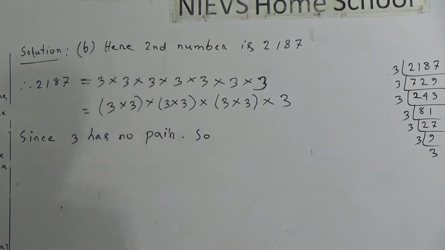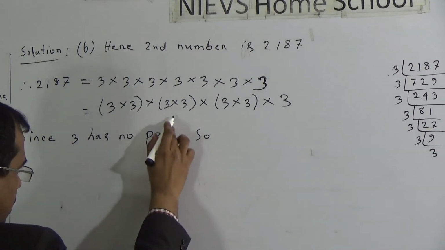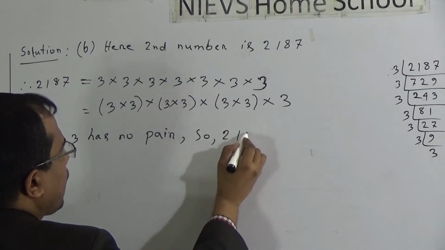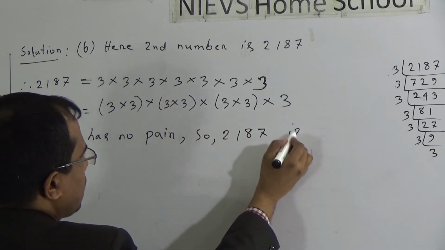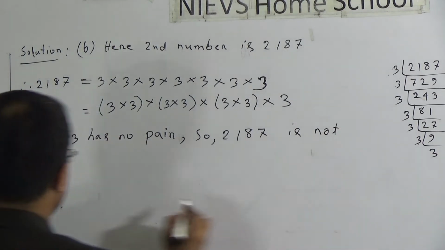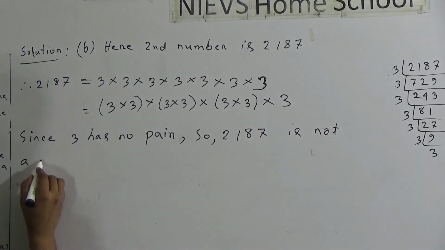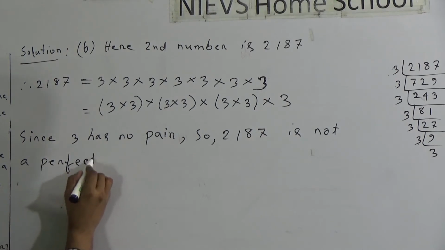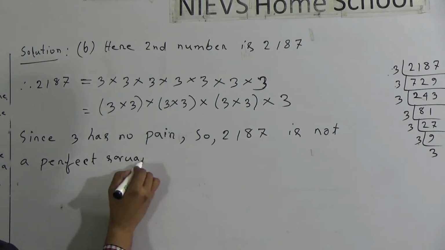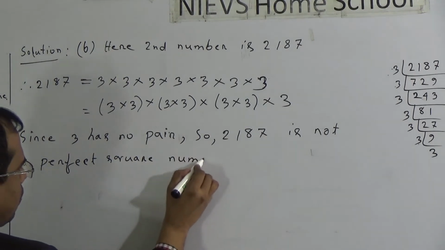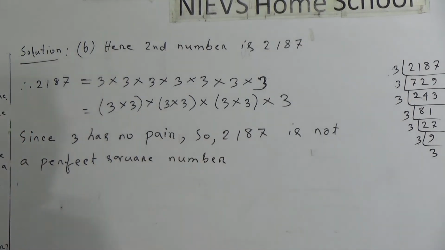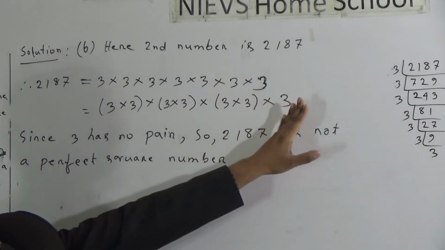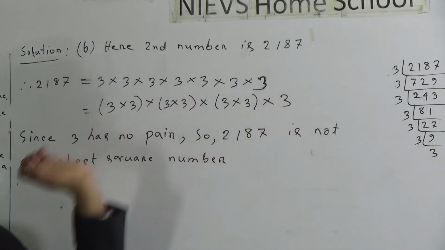So since 3 has no pair, 2187 is not a perfect square number. For getting a pair of 3, we have to multiply the number by 3.